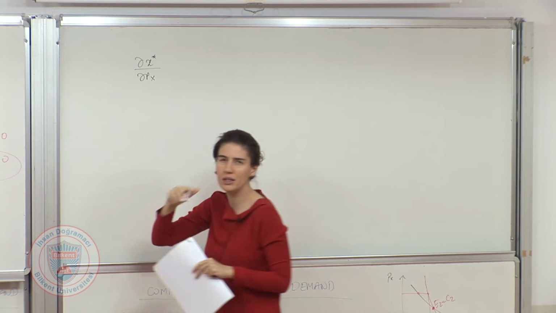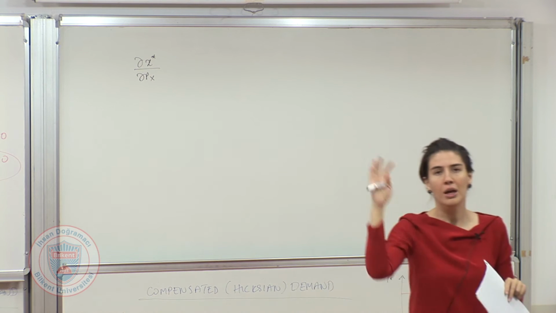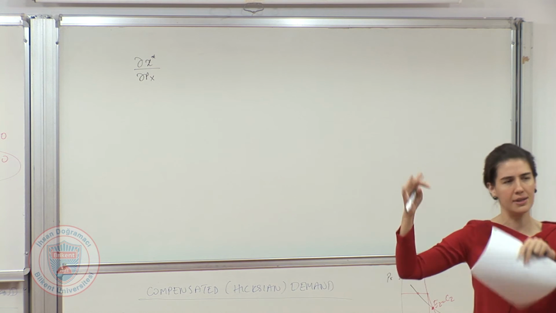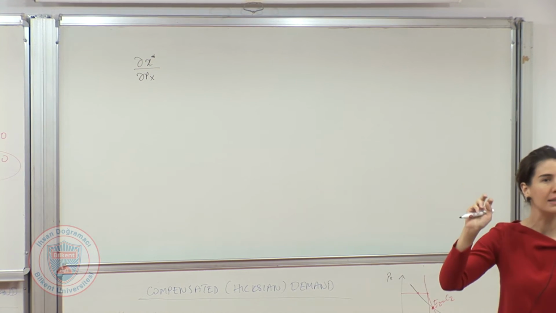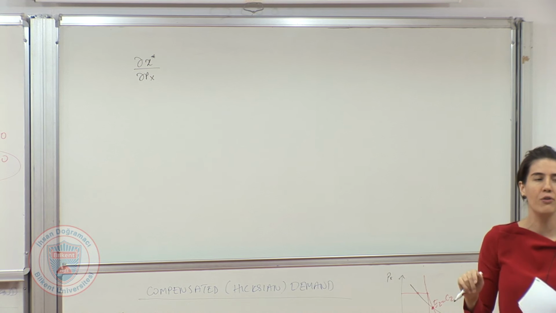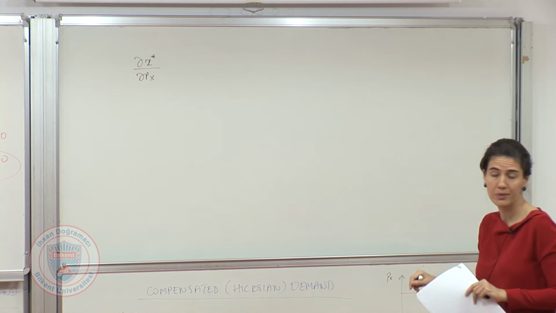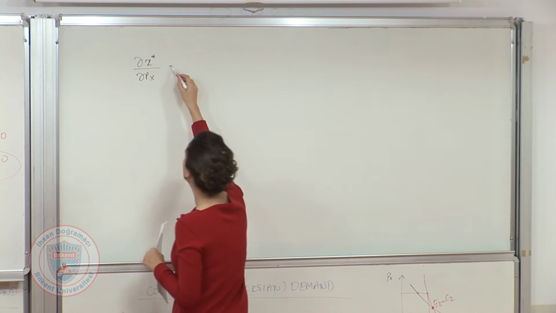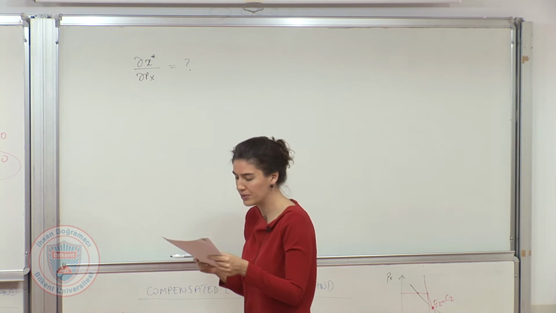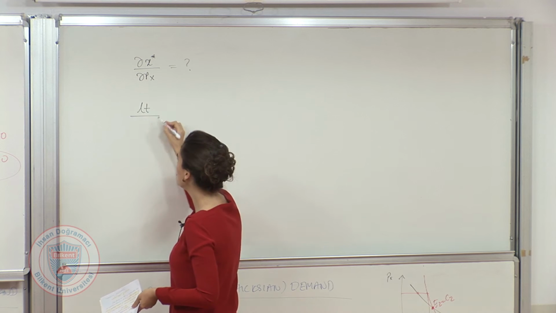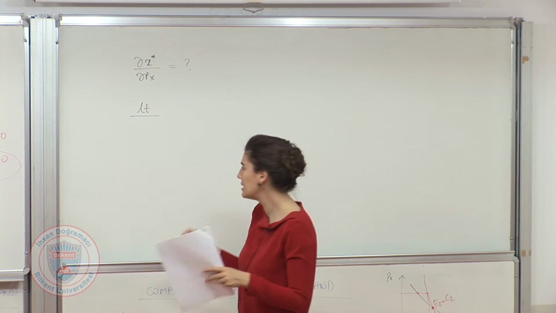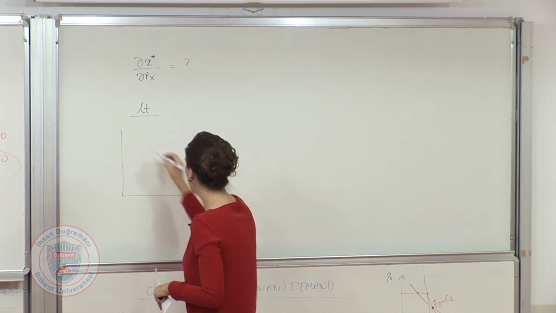This is basically when I increase the price of, let's say, caramel macchiatos at Starbucks, how would the quantity demanded of caramel macchiatos change? This is something I want to figure out. Suppose I measure caramel macchiatos in liters and I have a demand curve like this.